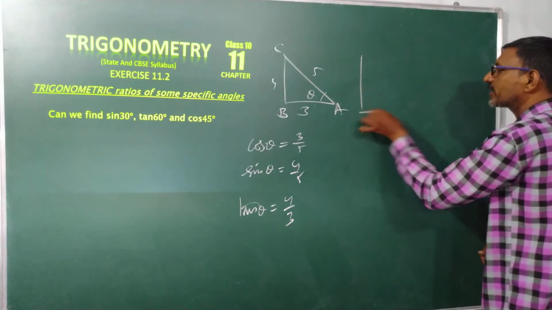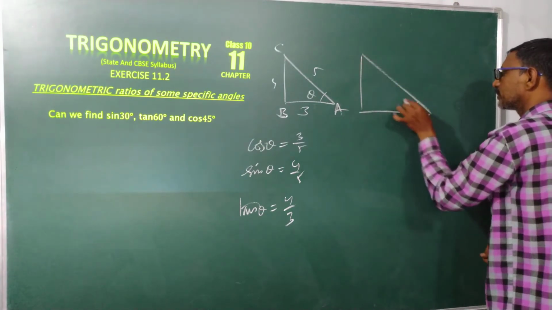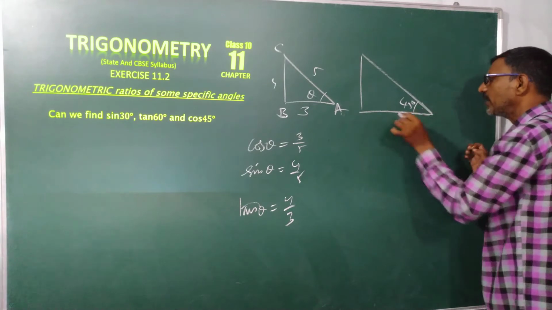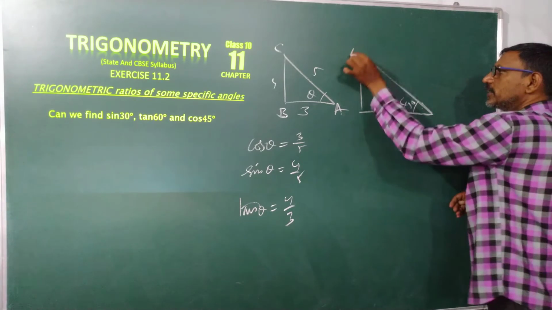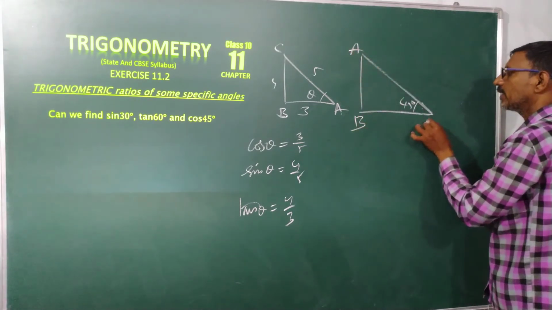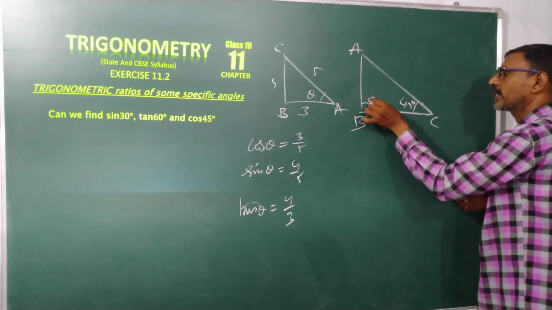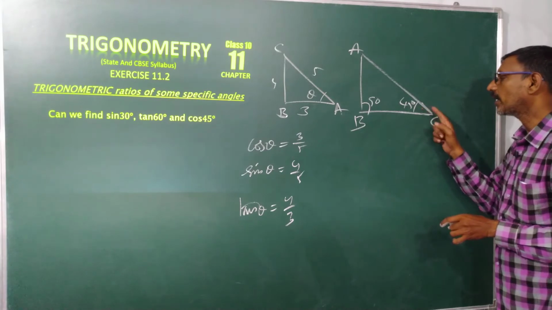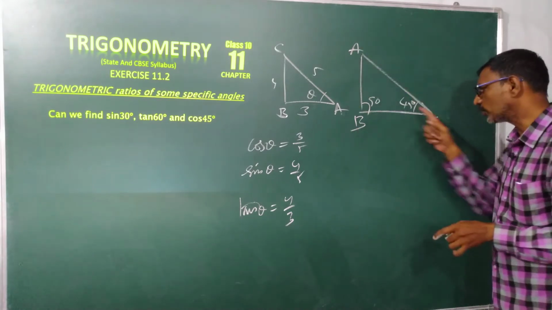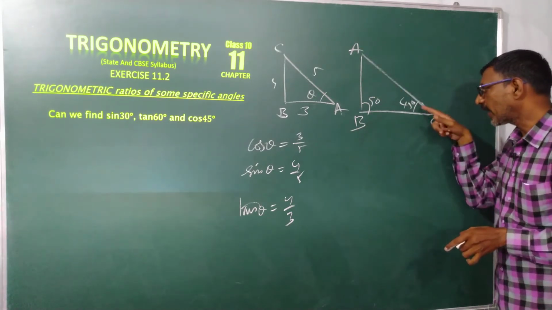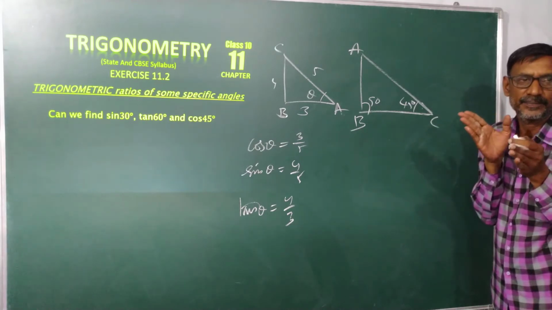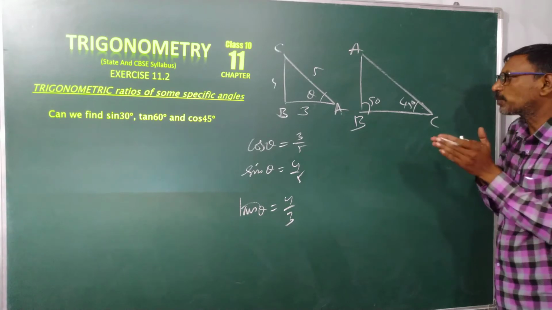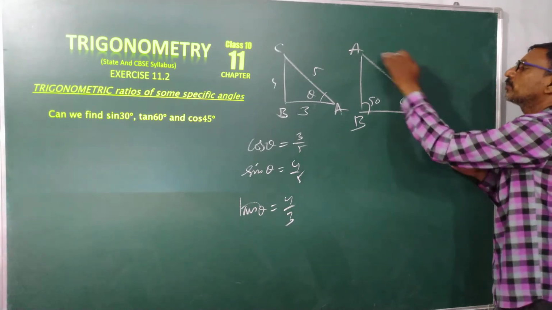Suppose you take exactly 45 degrees, whatever this triangle may be, this is my ABC triangle. Here B is 90 degrees. I don't know this length or this length. But I have taken some specific angle. Then, what are the least possible ratios of this triangle?